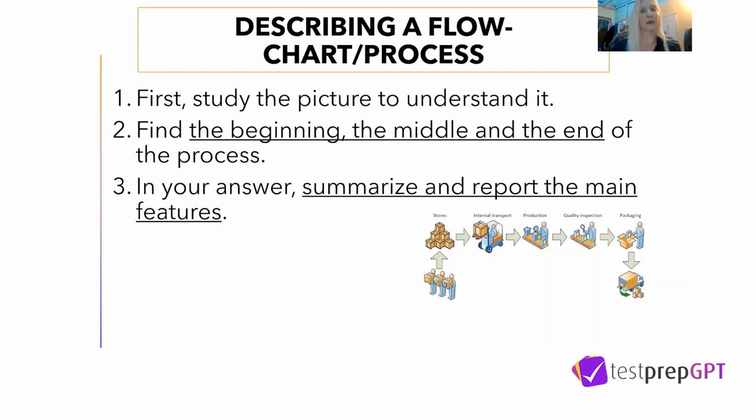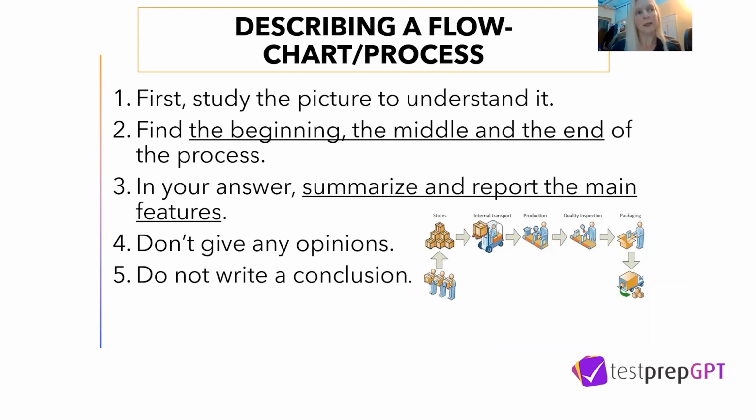And identify the key features, because in your answer, you will summarize and report those main features. Of course, remember, this is not an essay. It's not a story. So no opinions, no conclusions are needed as you write your flowchart. This is purely a descriptive text. It's a factual text. There's nothing more than that. So that's something important to keep in mind.